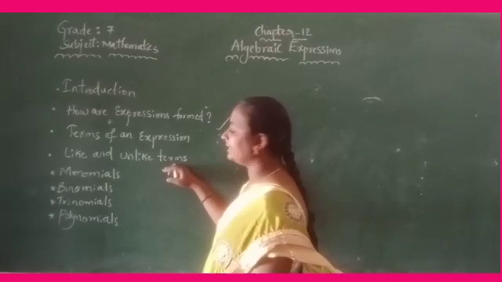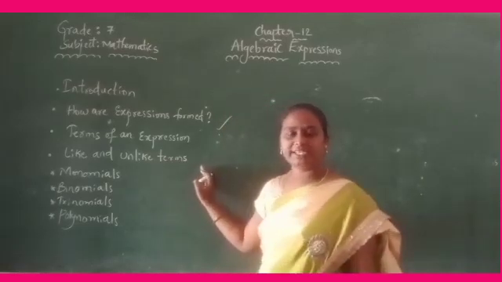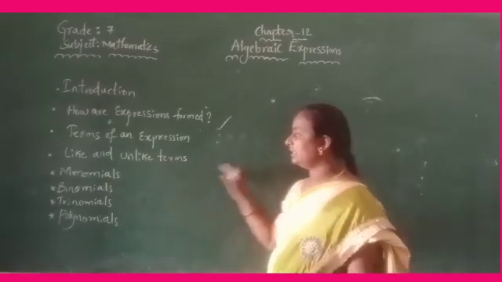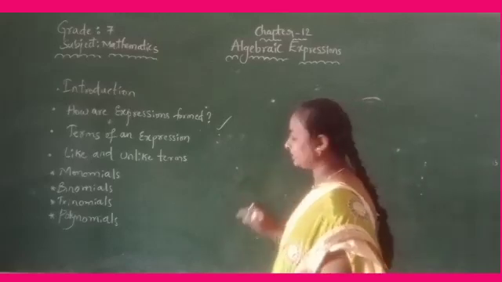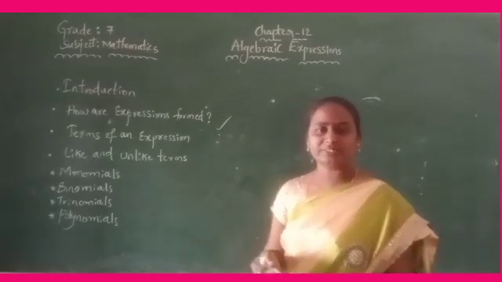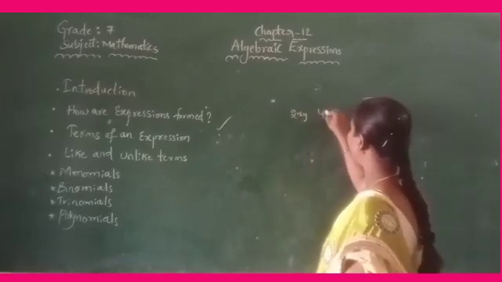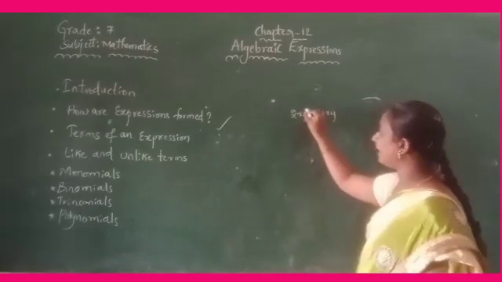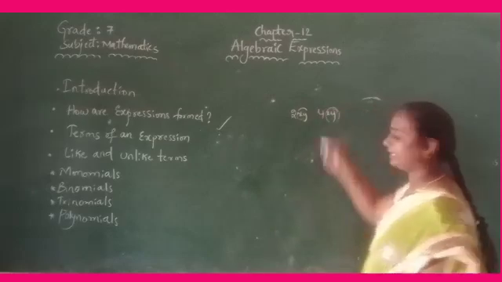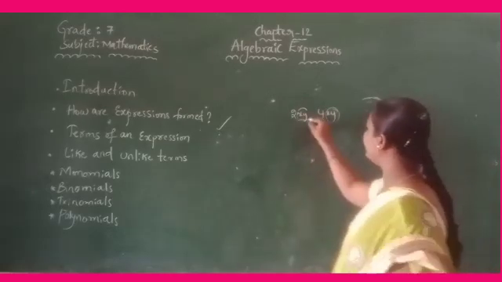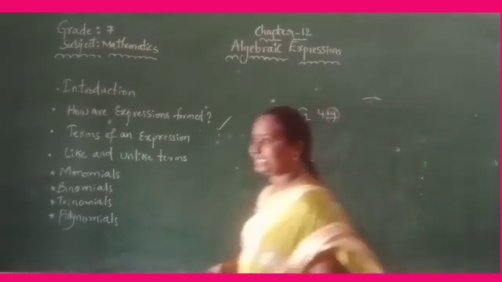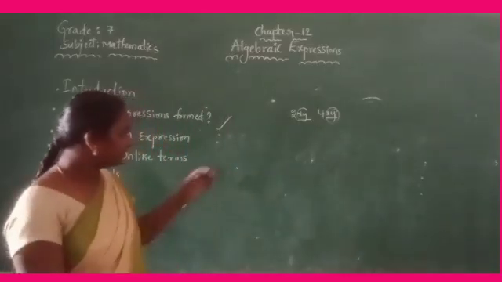What are like and unlike terms? In an algebraic expression, terms can have different algebraic factors. For 2xy and 4xy, the factors are x and y. See, these have the same factors.